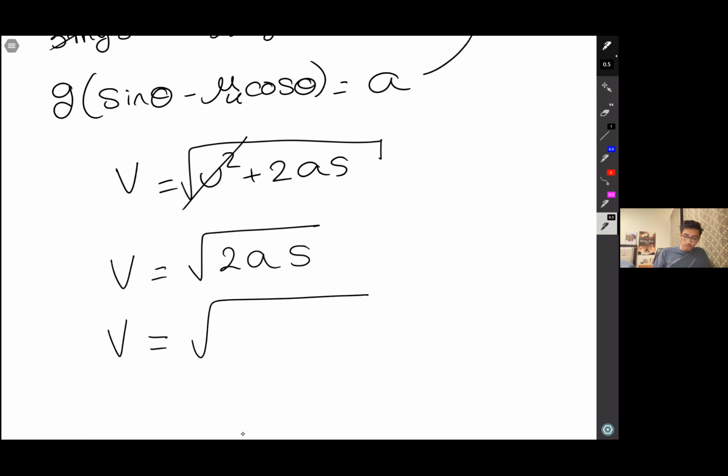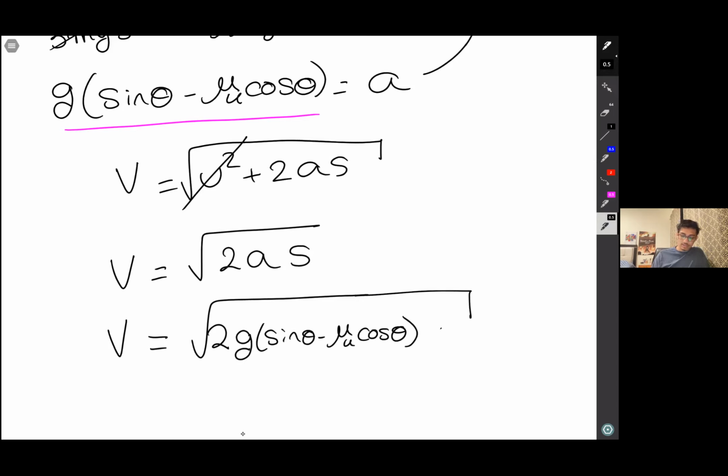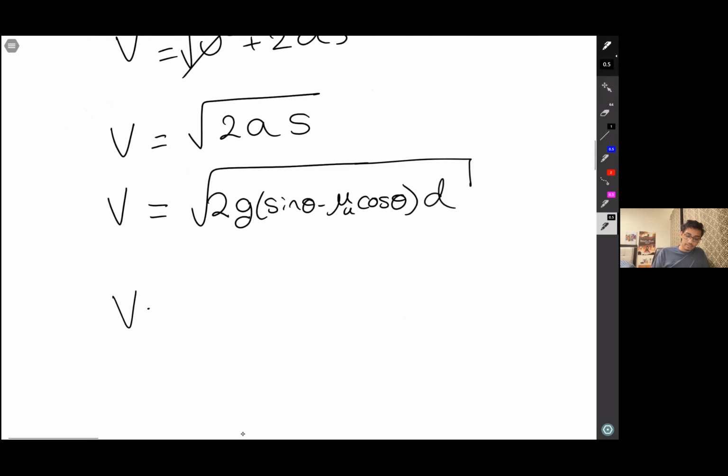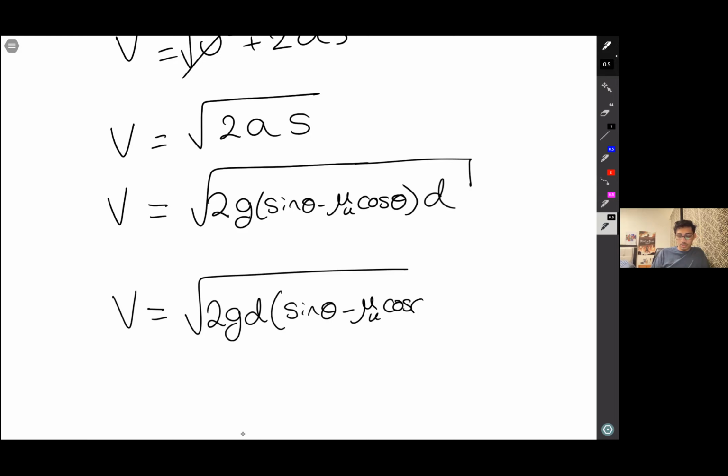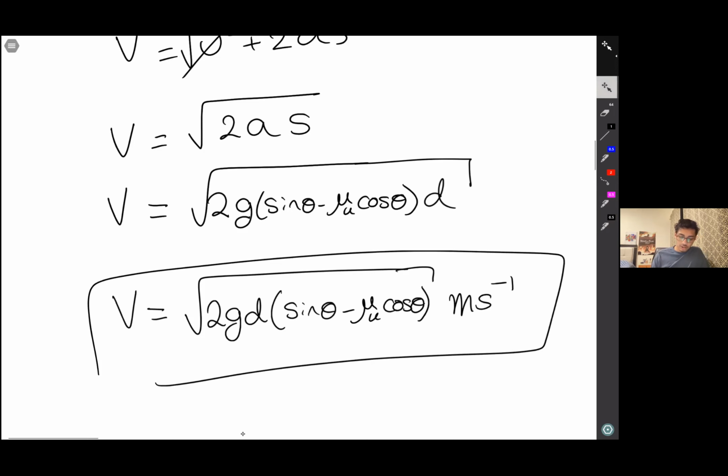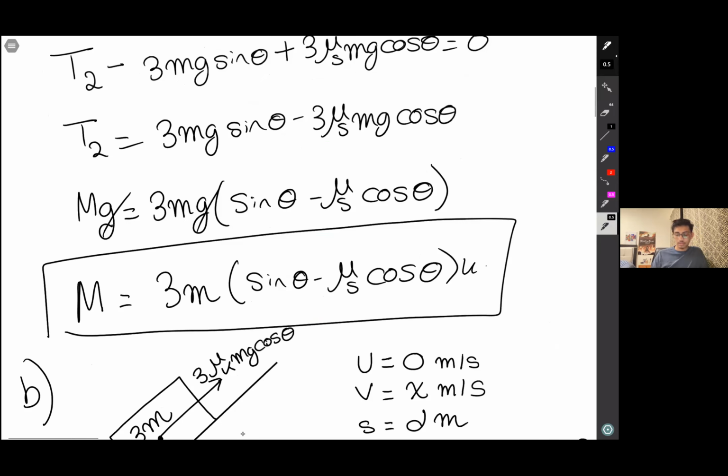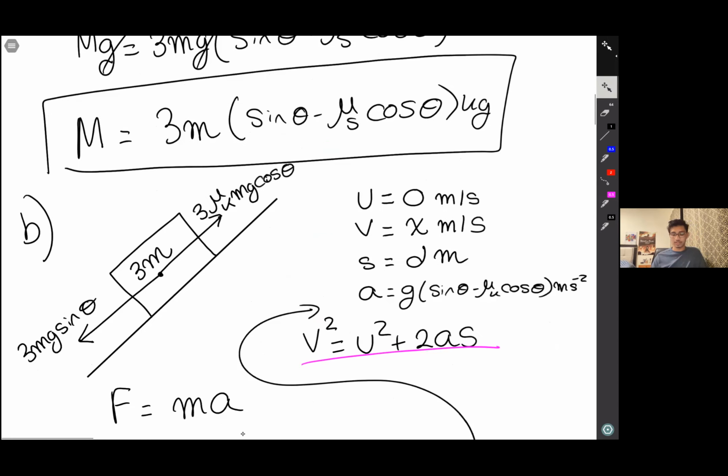That'll be the square root of 2 times a, which we just saw is g sine theta minus mu k cos theta. And what is our s? s is just d. So if we clean that up, we get that v is equal to the square root of 2gd times sine theta minus mu k cos theta, meters per second. And here I should write kilograms just to make sure we have our units.